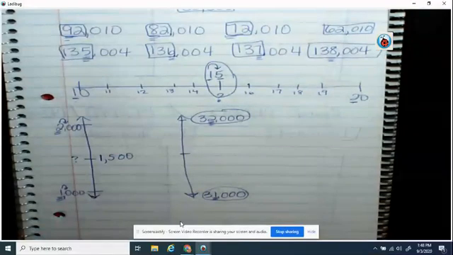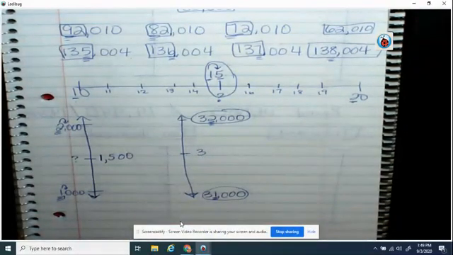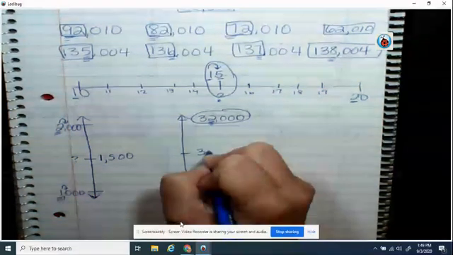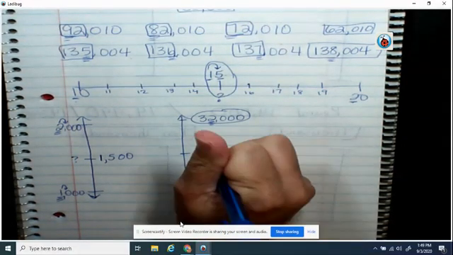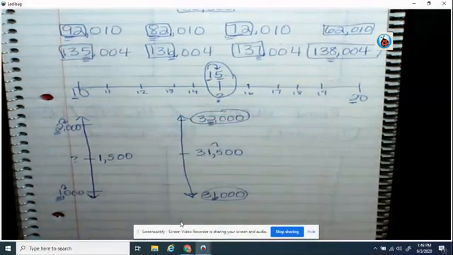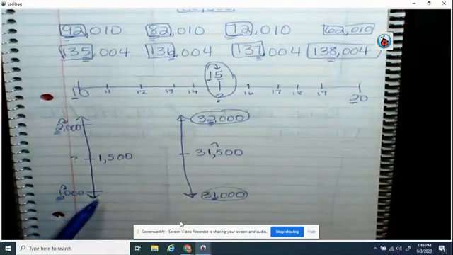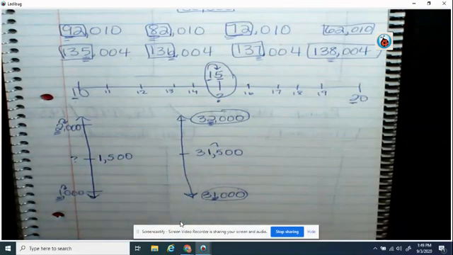And since the first number, the 3, is not changing, we leave it alone. Okay? Then when we're looking for our middle point, we always start with the lower number. Okay? And then right in the middle of that is going to be 31,500. Because the middle between 31,000 and 32,000 is 31,500.